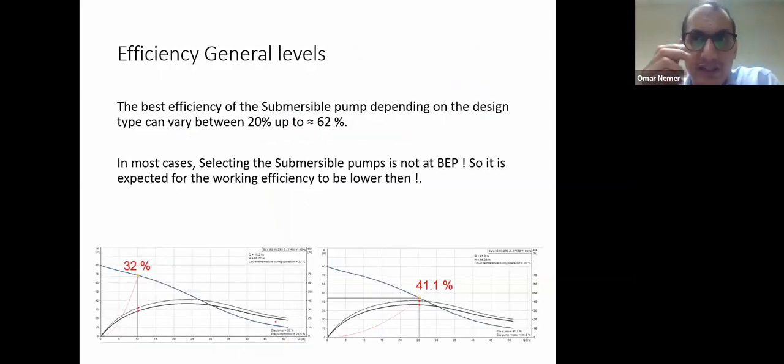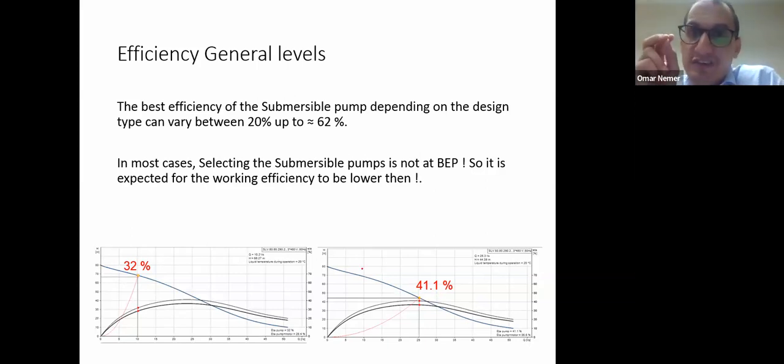Now, to give you an idea, for submersible pumps the efficiency is usually between 20 to 62%. I'm talking here about the best efficiency point. Okay? Some pumps have a best efficiency of 20-22, and some of them can reach 62%. So generally, it's lower than clean water pumps.